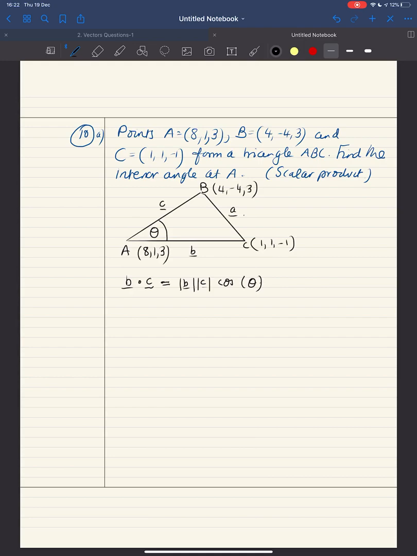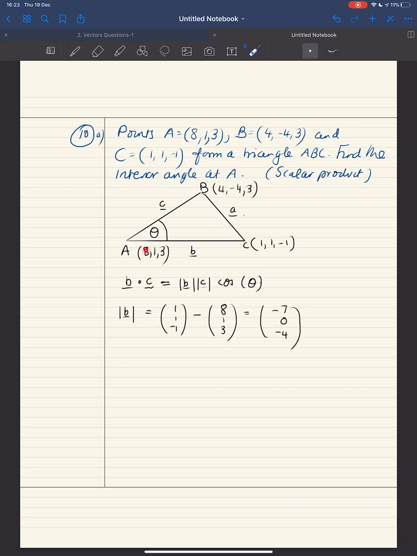Okay, so we just need to work out our vector B. So our vector B is the vector that takes us from A to C. So this is going to be C minus 8, 1, 3, which is minus 7, 0, minus 4.